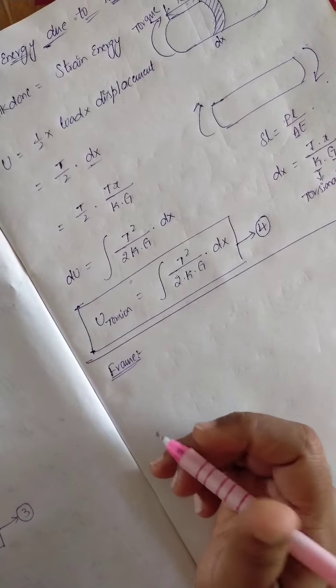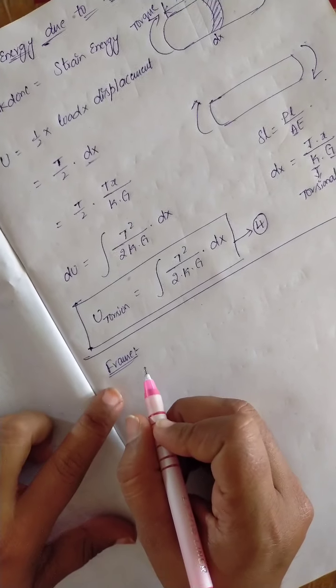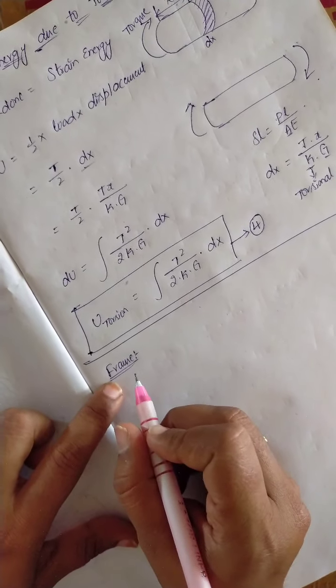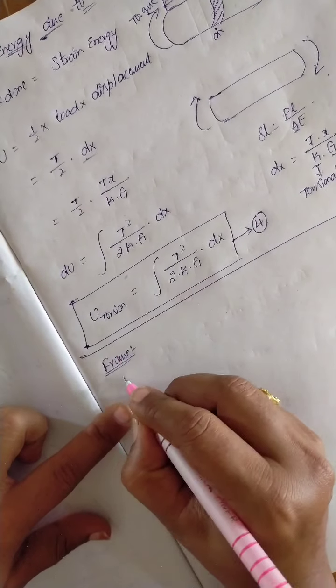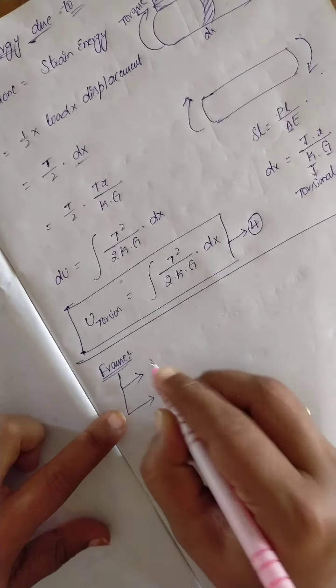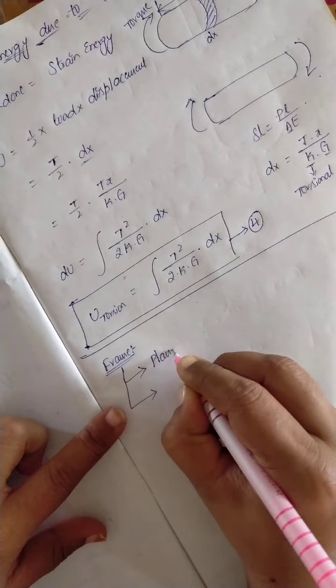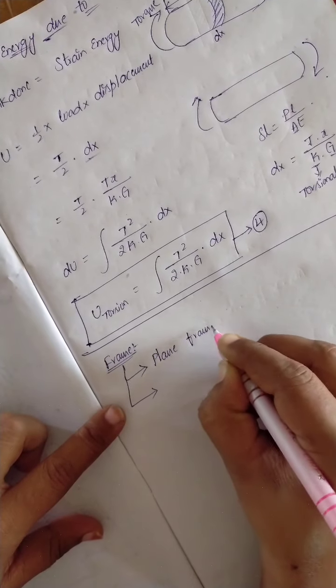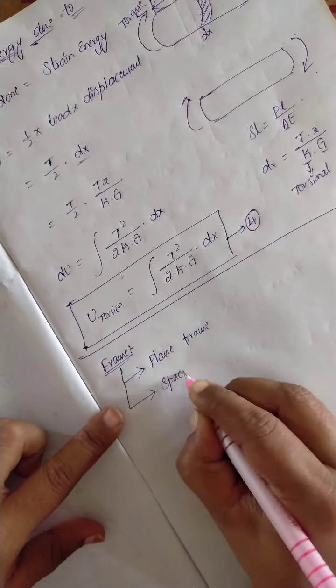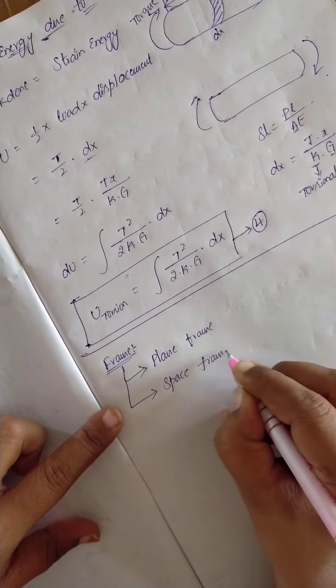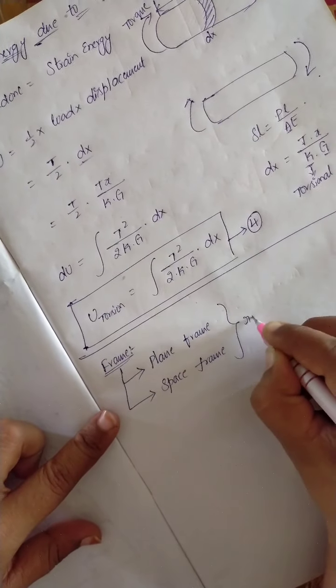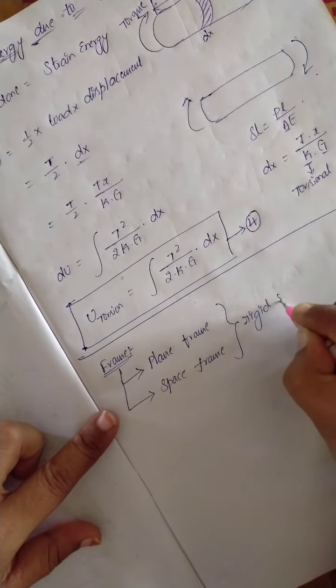Here we need not go that thoroughly into frames, but we have to consider two types of frames: plane frame and space frame. Both are rigidly supported.